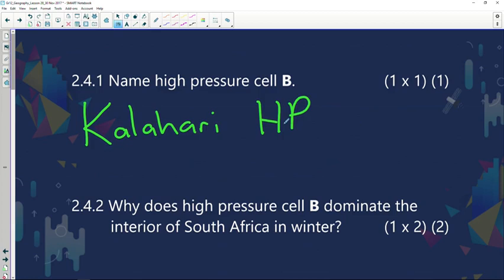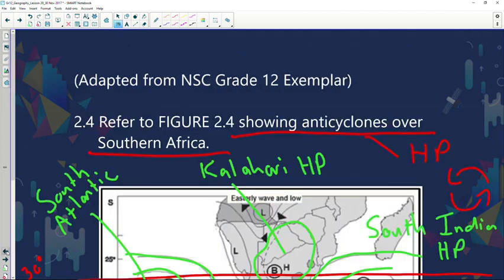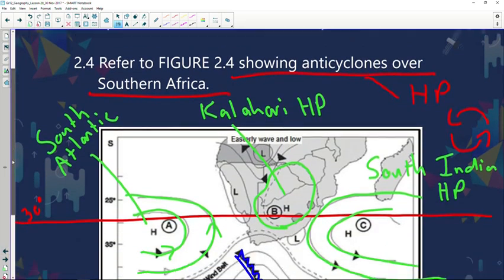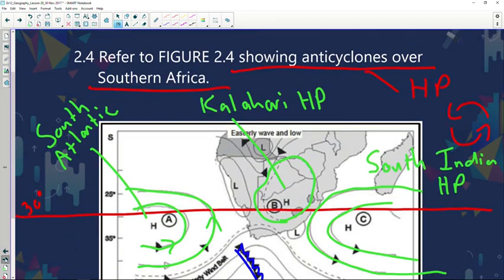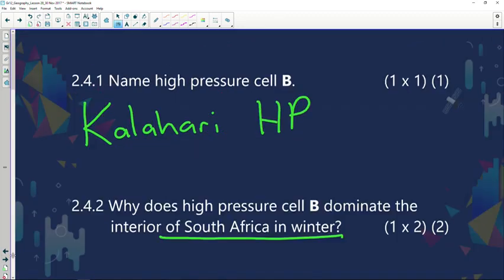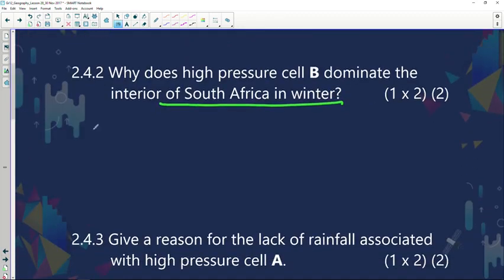Now, why does high pressure cell B dominate the interior of South Africa in the winter? Now, if you look at the question over there, as you can see, it's only present in the winter, because what happens in the winter, we experience low temperatures. We experience lower temperatures in the winter.